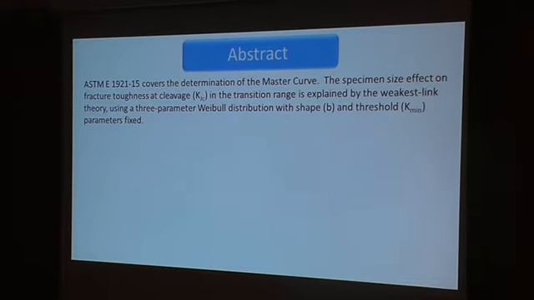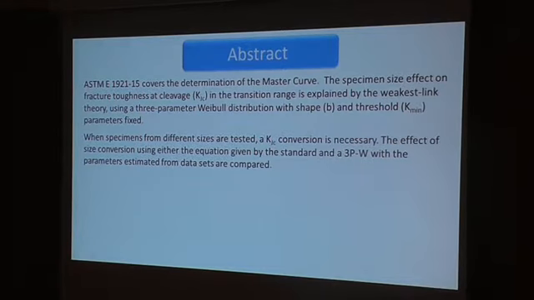In this standard, the specimen size effect is explained by the weakest link theory using a three-parameter Weibull distribution with shape and threshold parameters fixed. And the standard permits size transformation in order to obtain the T0 temperature.